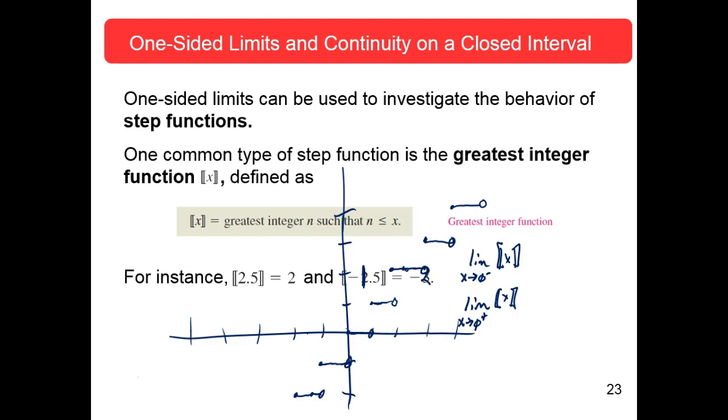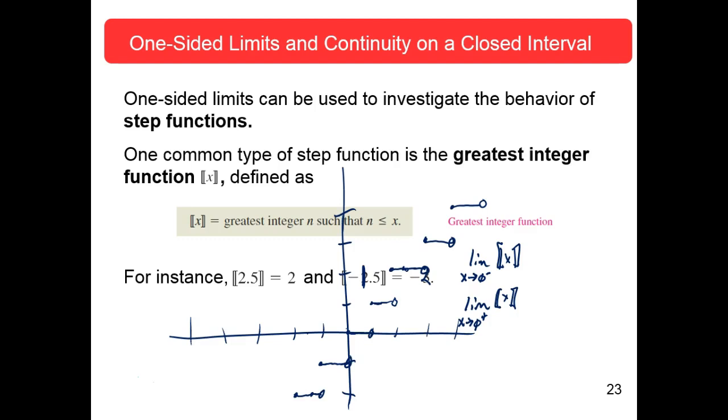So the question is, what's the limit of this function as x approaches 0 from the left-hand side? So x is approaching 0 from the left. What is the limit of that? -1, right?